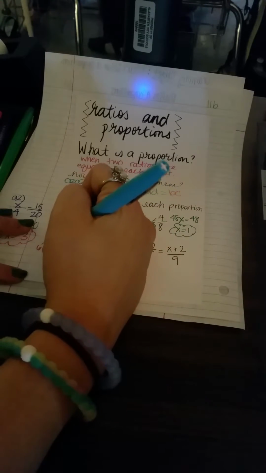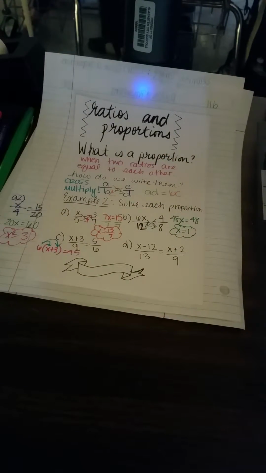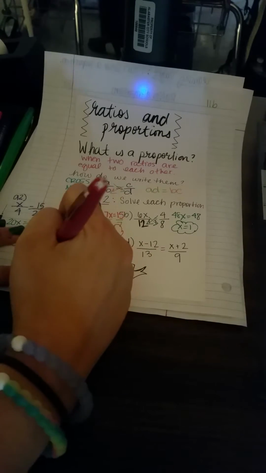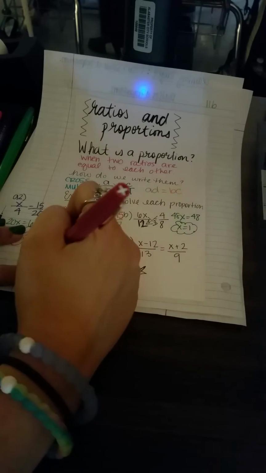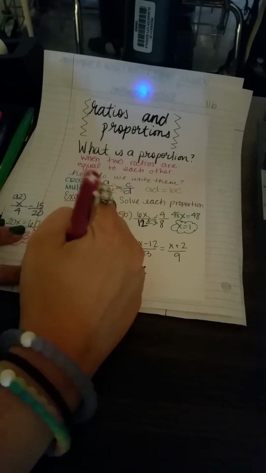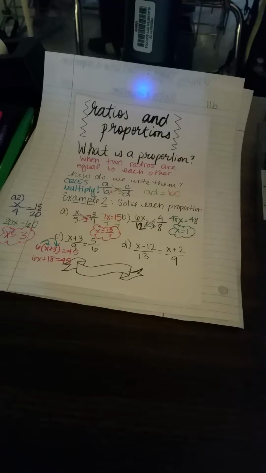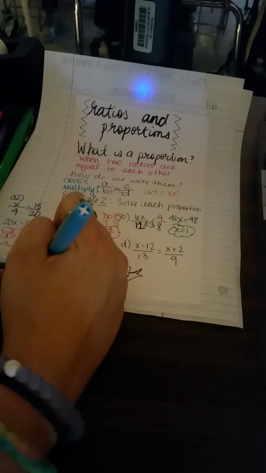We distribute. 6 times x gives us 6x, and 6 times 3 gives us 18. And it's still equal to 45. What would we do from here? Subtract 18.